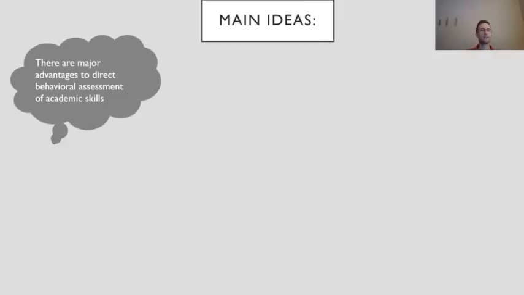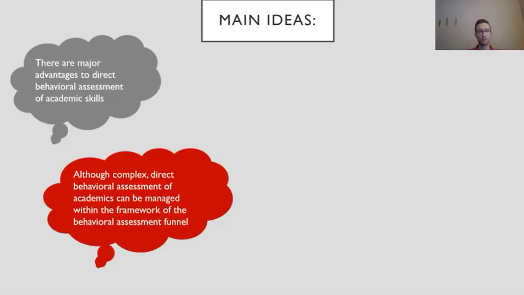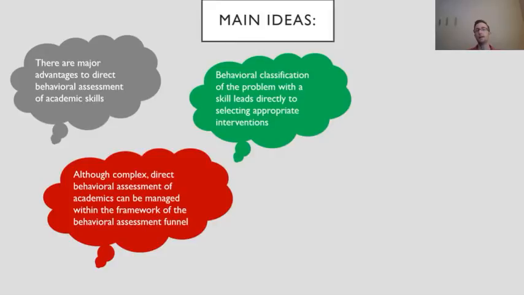Okay, so the main ideas here: there are major advantages to direct behavioral assessment of academic skills. And although they are complex, direct behavioral assessment of academics can be managed within the framework of the behavioral assessment funnel I'm going to tell you about. And behavioral classification of the problem during assessment is prescriptive, meaning that it leads directly to selecting appropriate interventions from the scientific literature.